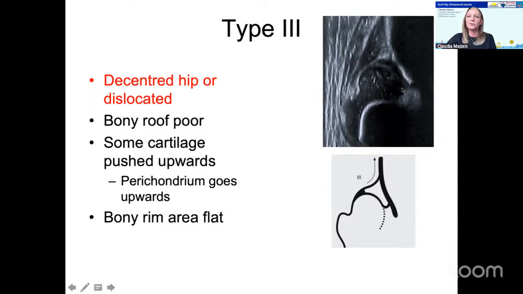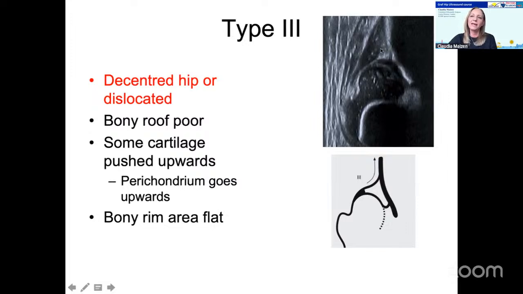As the hip slowly slides out of the bony acetabulum, it takes the cartilage with it. So the cartilage is pushed up, and the perichondrium, which is the outline of this cartilage, which is anechogenic on the ultrasound, is going upwards, which gives you an indirect sign that there's still some cartilage above.